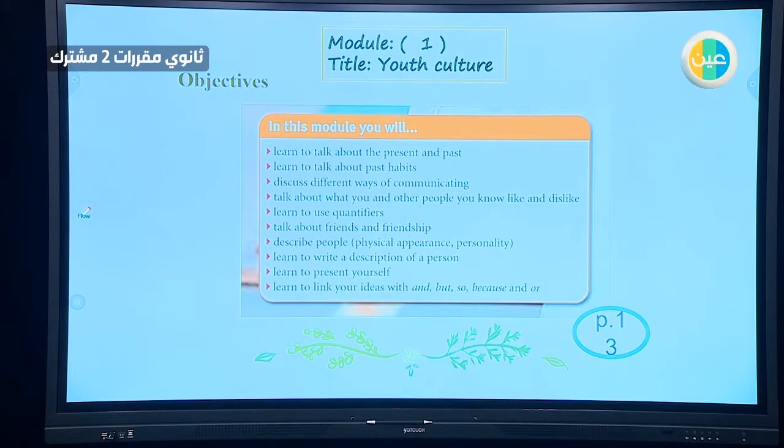These are the main objectives. Now, I'm not going to go through them. They are on page 13 in your book, but I'm going to go through most of the parts, which are grammar, vocabulary, and the writing.